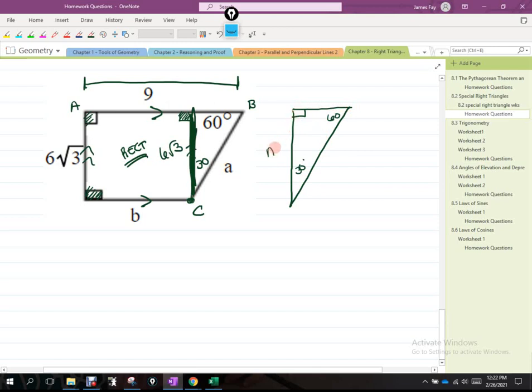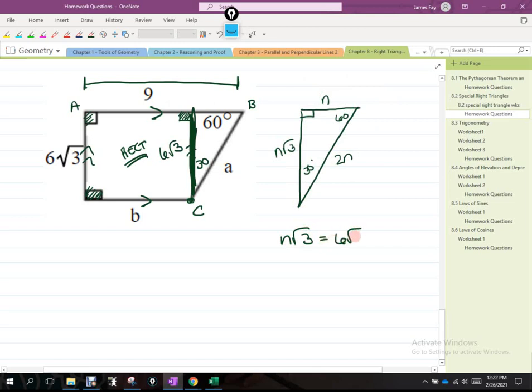This is my n radical 3 side, this is my n side, and this is our 2n side. If I lay that on top of this triangle, what overlaps? N radical 3 and 6 radical 3, right? So what's n? It's 6.